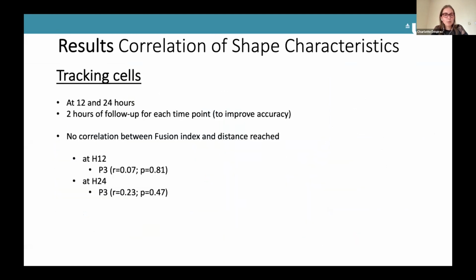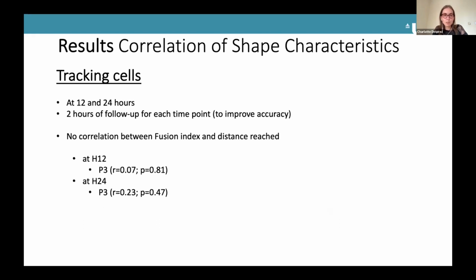We also performed a cell tracking study at 12 and 24 hours. For this study, we used a frame every 5 minutes during 2 hours of follow-up for each time point.